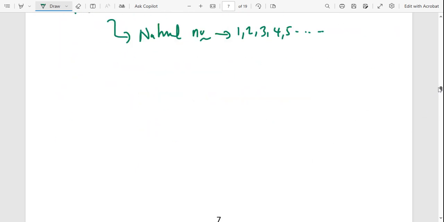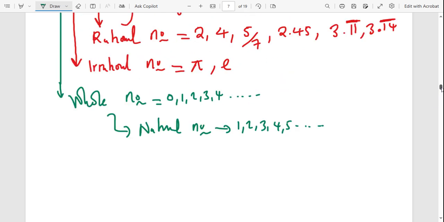Within these same numbers, you also have what you call even numbers, which is basically 0, 2, 4, 6, 8, and like that.